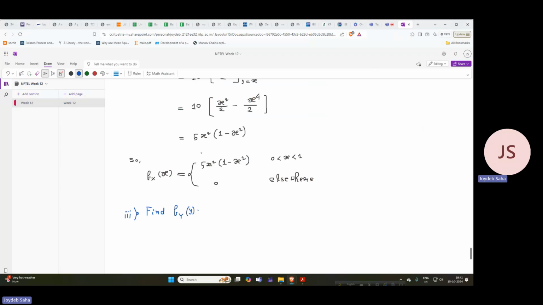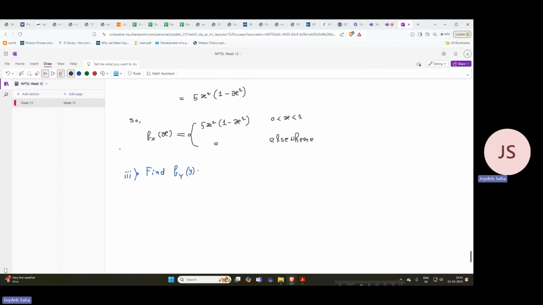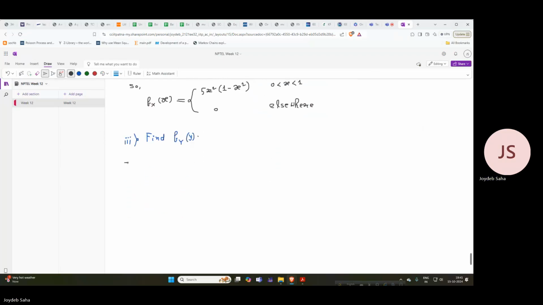So have you tried to solve? If you have solved or are solving, let's complete it and match the answer. So let us solve.